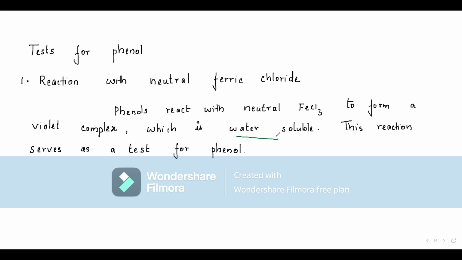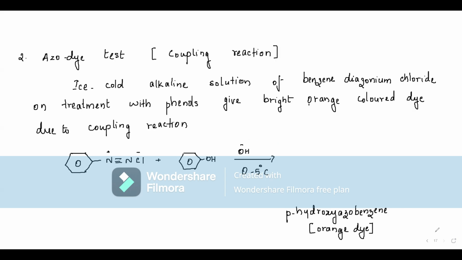This doesn't mean that none of the other compounds will react with neutral ferric chloride. A lot of compounds react with it, but the color of the complex will be different. Phenol gives you a violet water-soluble complex. This is a test for phenol.